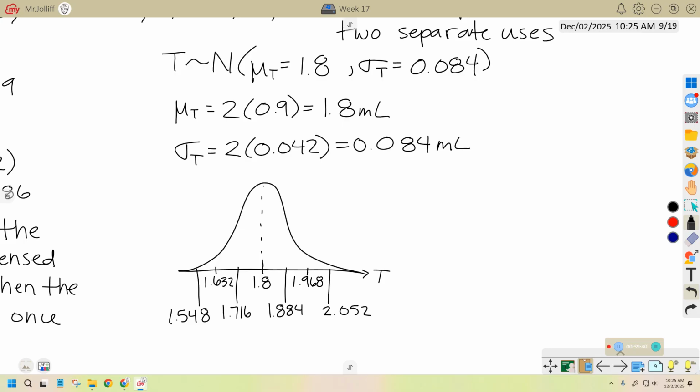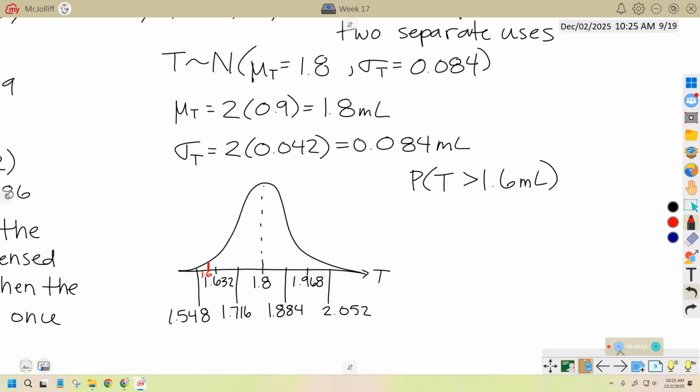And I want the probability that the person will get at least 1.6 milliliters. They asked me for this. At least 1.6, so greater than or equal to 1.6. So I'm going to come to the picture. I'm going to mark where 1.6 is, which is way over here.